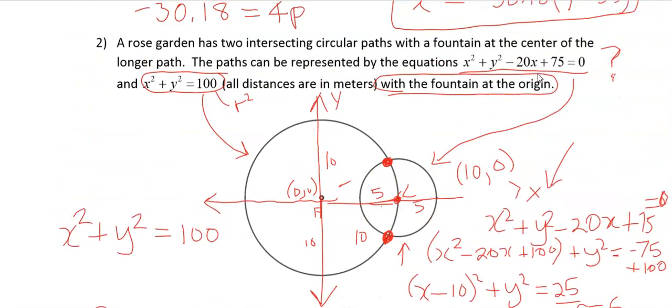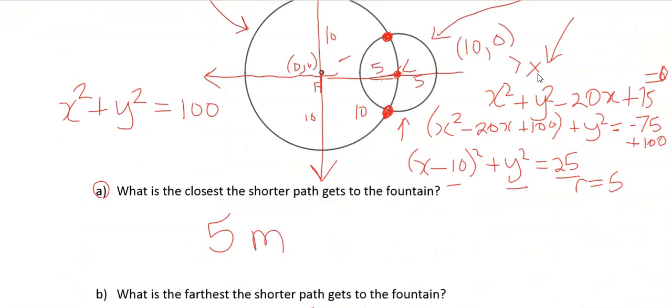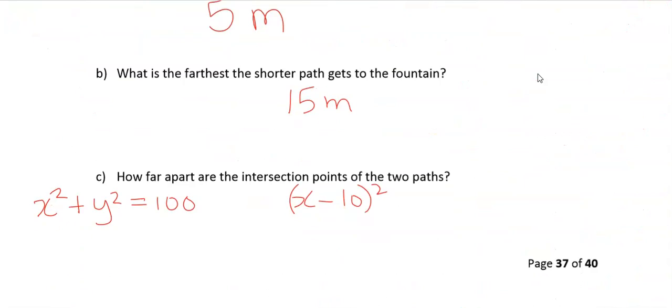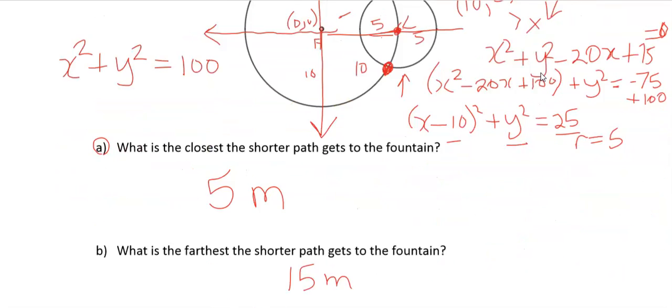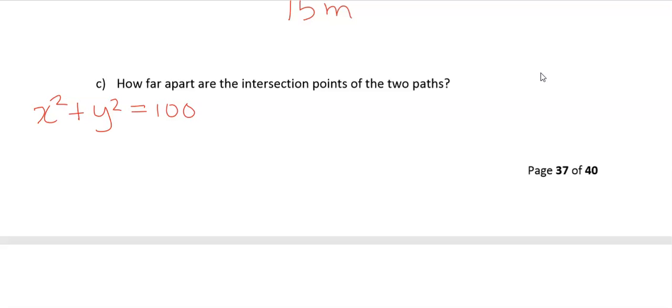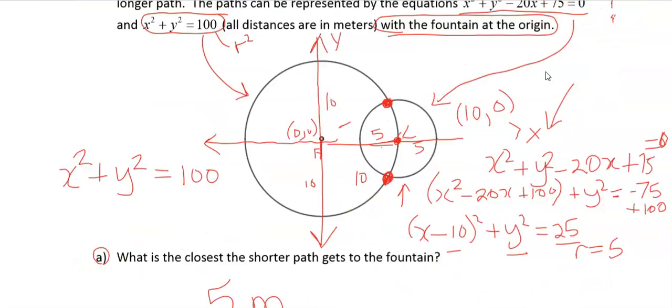What else do we have? I wonder, should I write it down in that form? No, you know what? I'm going to write it down in the other form, and there's a reason for that, because I'm going to get x squared by itself in that first equation. So I want x squared in the second equation. So x squared plus y squared. Not trivial, is it? And what else do we have? We have minus 20x plus 75.